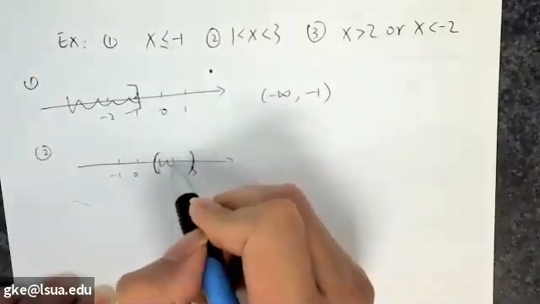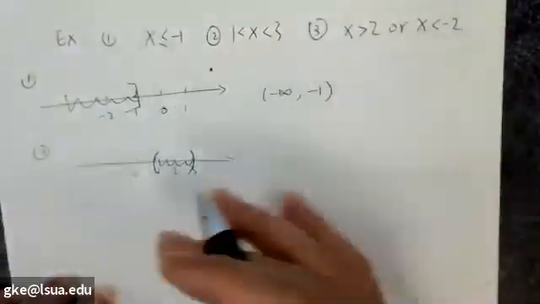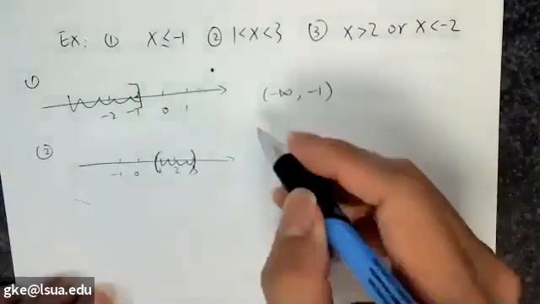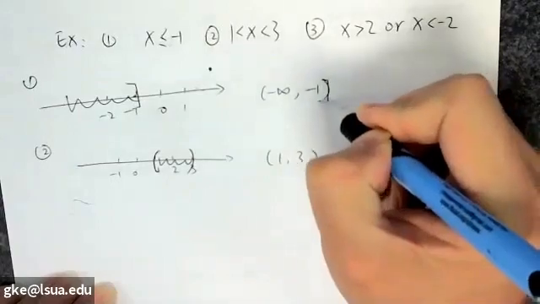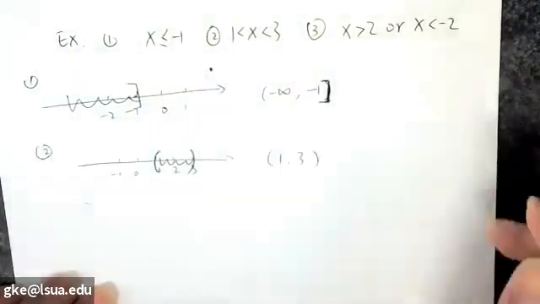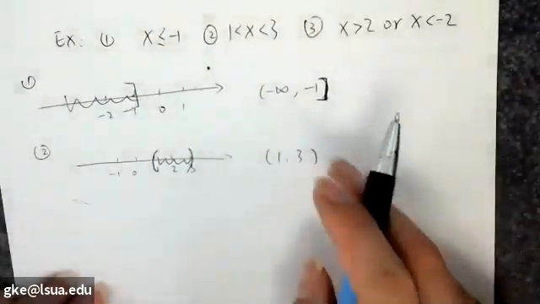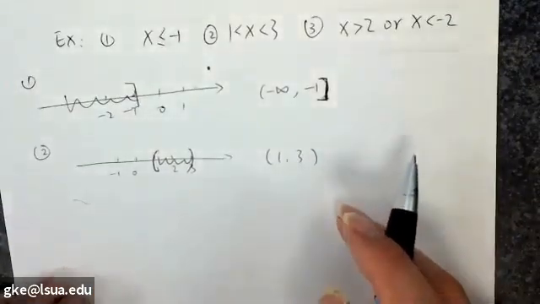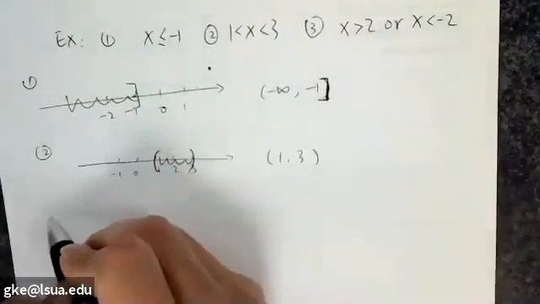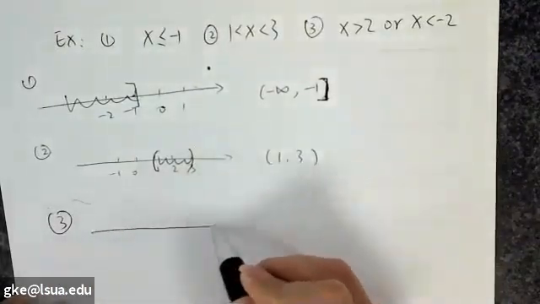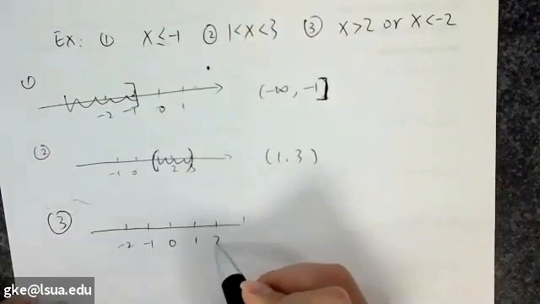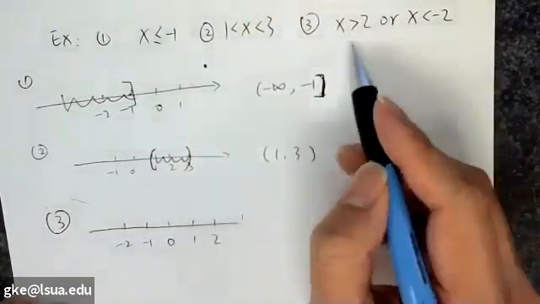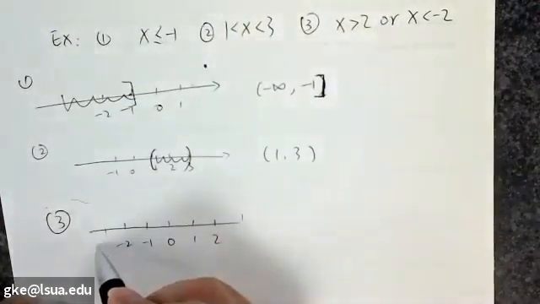Just use round brackets. So it's from 1 to 3. Oh, sorry, here is a square bracket, because it's included, right? Included, be careful. 3. And here we have what?